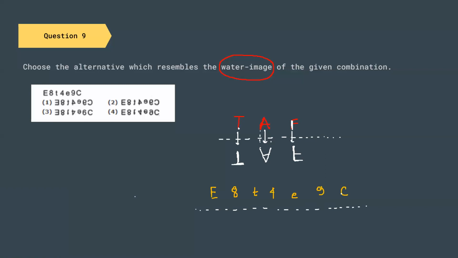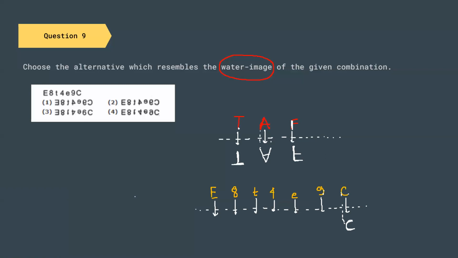Fine. If there is water, each of these will be translated here. So this C will look like this, like for F. If this part is translated here, this will be translated here. The C will look like this.